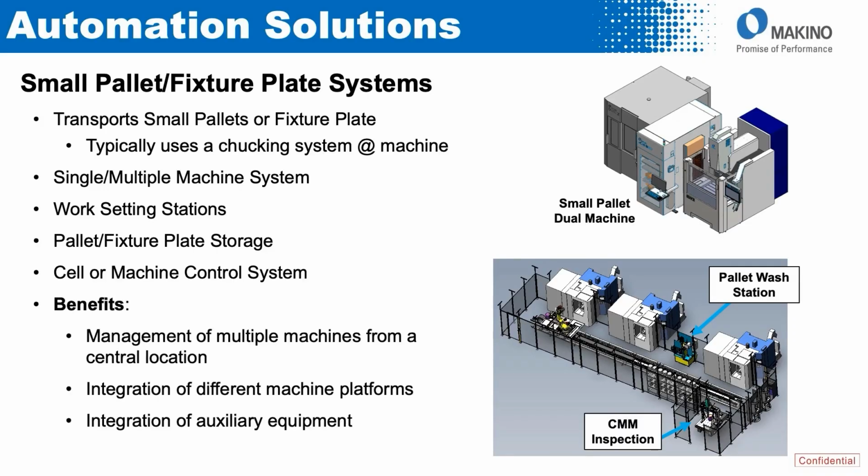The benefits here, once again, are multiple machines from a central location. As you can see in the lower right-hand corner, we've got three DA300 machining centers being serviced by this particular automation, with the work setting stations at the end. But what we're typically able to do with this style is integrate different machining platforms. In the upper left-hand corner, we've got an EDM and then a milling machine on the other side.